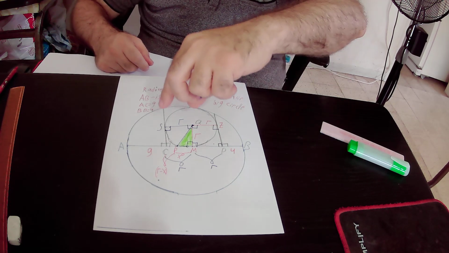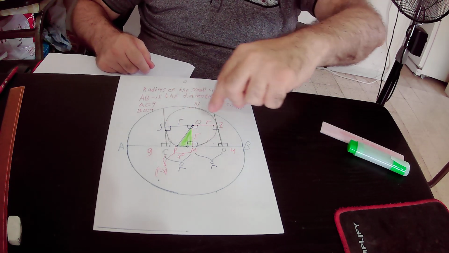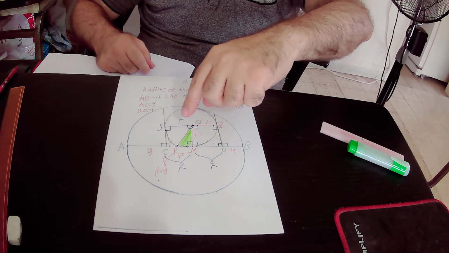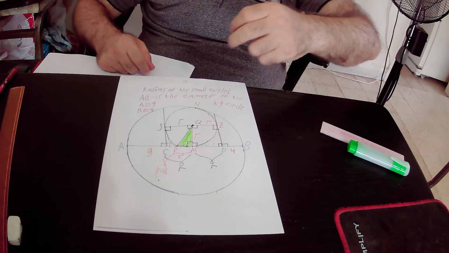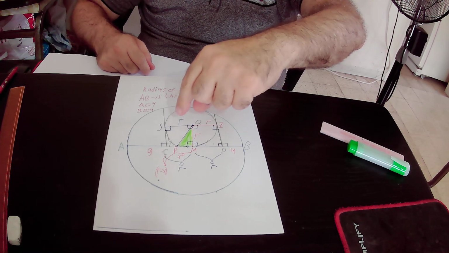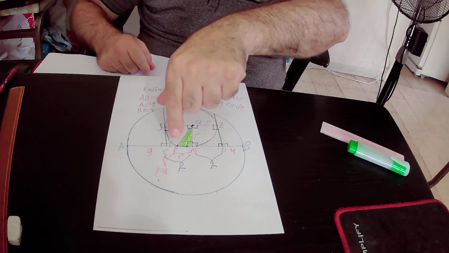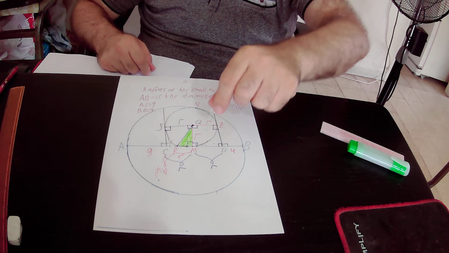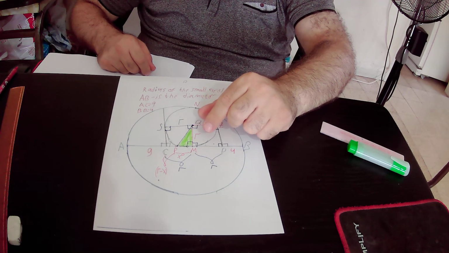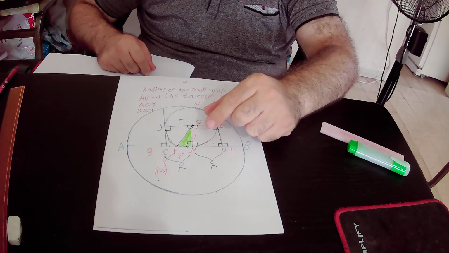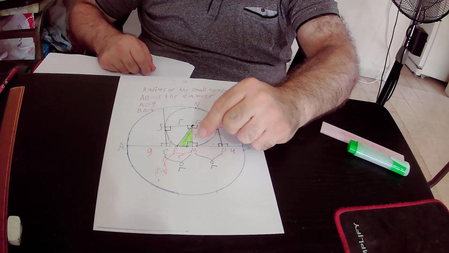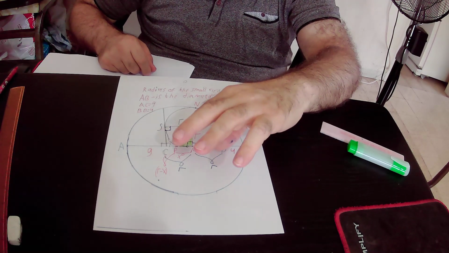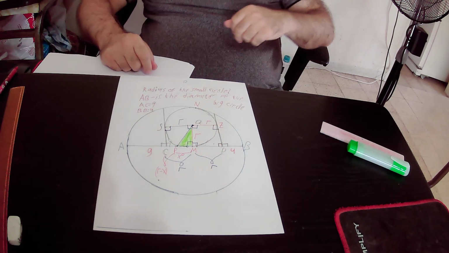And also we have the second radius that is drawn to the touch point. Therefore, according to rule number 1, this radius is perpendicular to its tangent. That is to say, this is a right angle, and also the third radius that is drawn to the touch point is perpendicular to this tangent.